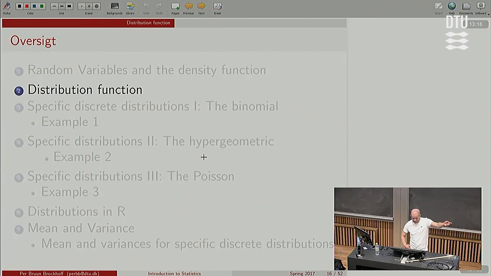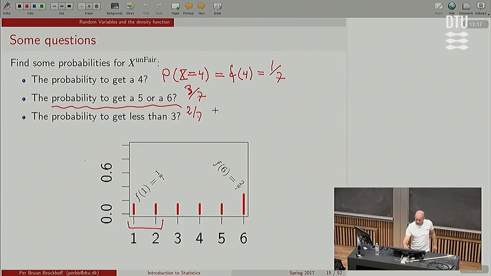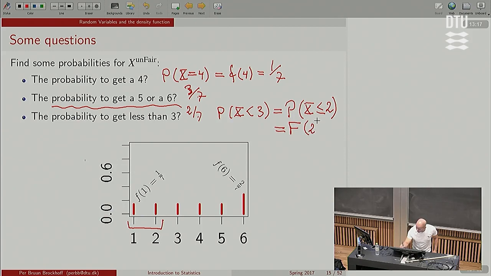That would be the same as saying the probability of being less than 3 would actually be the same as the probability of being less than or equal to 2, right? Which would then be the distribution function evaluated in 2, if we want to make the connection.